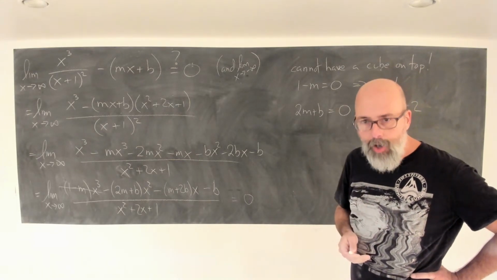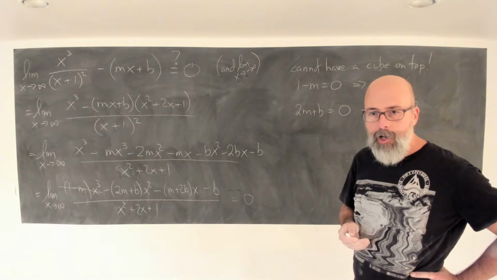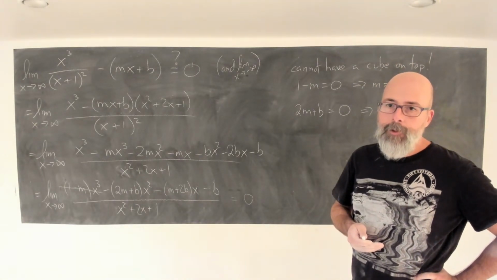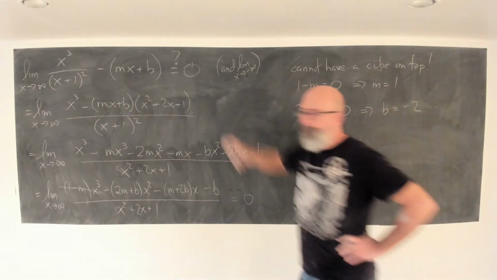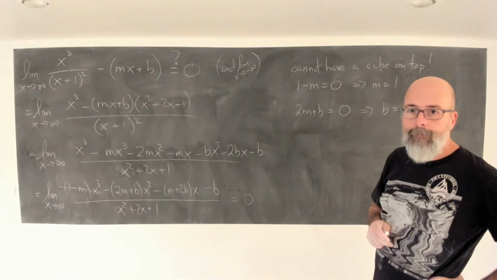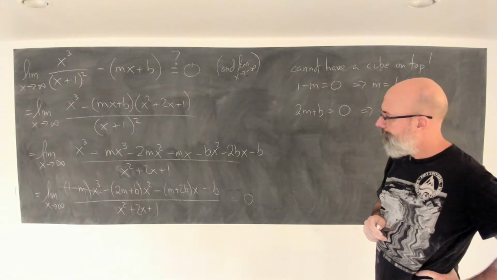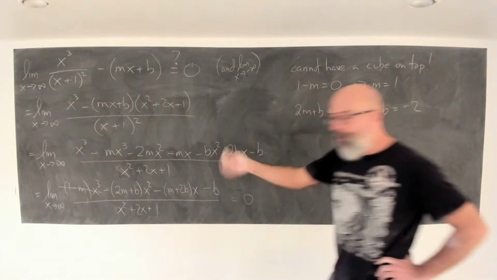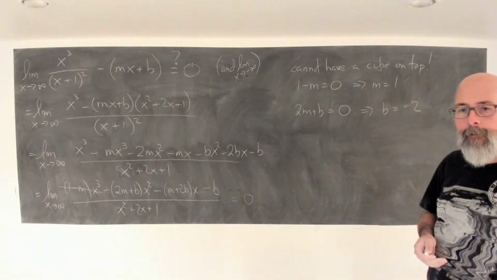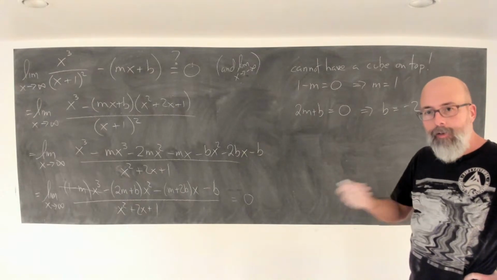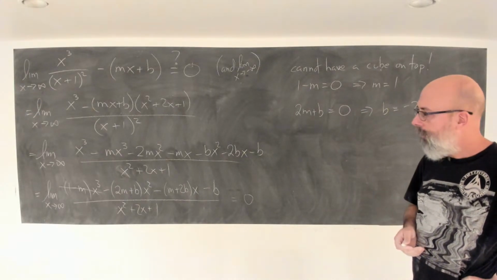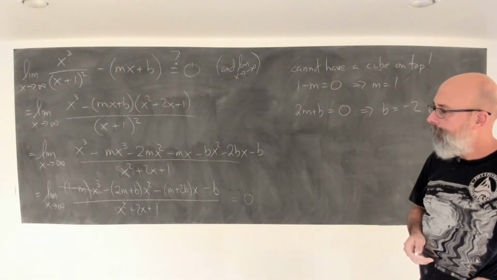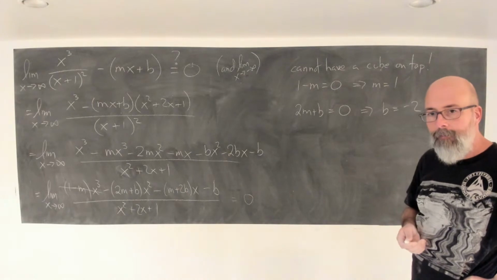If you differentiate twice, the denominator becomes constant, whereas the numerator, you still have an x. So the limit's not going to be 0, but rather infinity. And if you had a square on top and a square on the bottom, when you differentiate twice, the limit's going to be a number, namely 2m plus b.